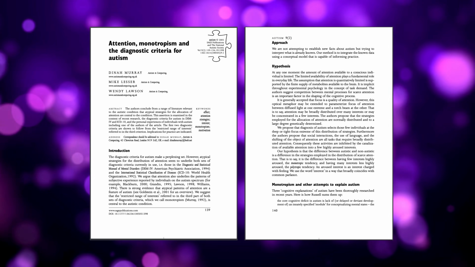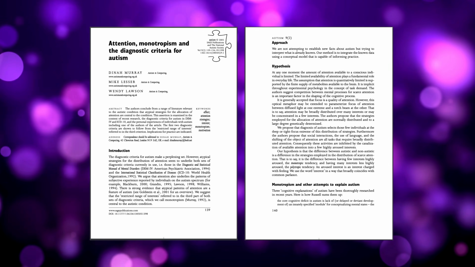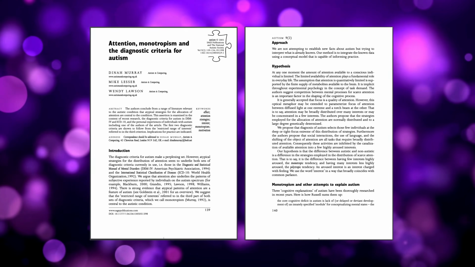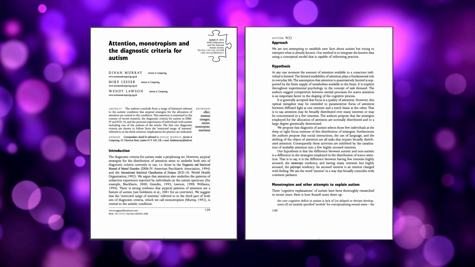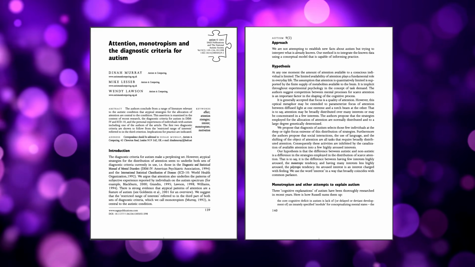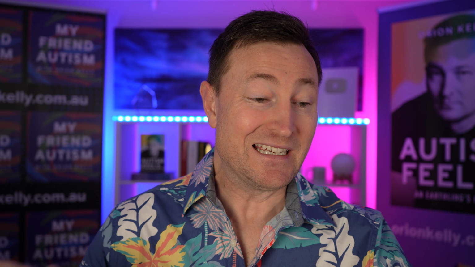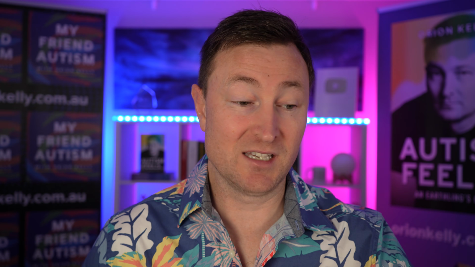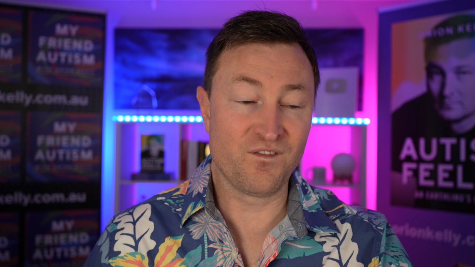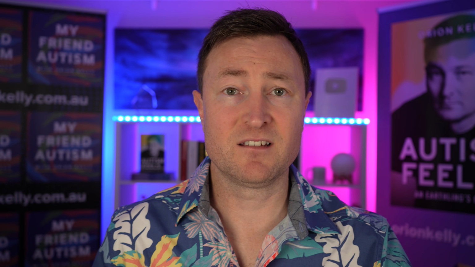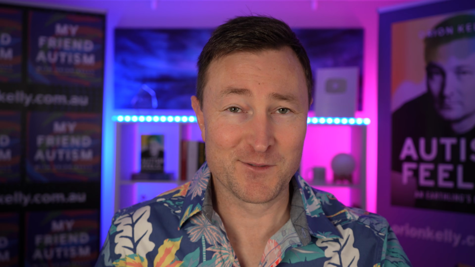The original journal article that proposed this new concept is called Attention, Monotropism, and the Diagnostic Criteria for Autism. It was published in the National Autism Society back in 2005. Information I reckon you need to know, in other words, the executive summary of the journal article.